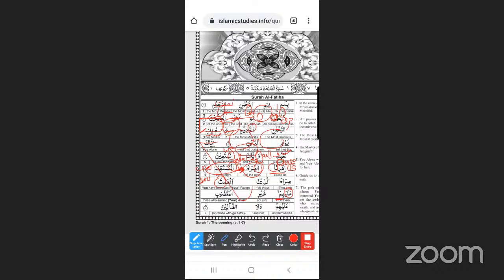Alay is also counted as a noun. Ghayr, not. Maghdubi, those who have earned your wrath. Alayhim, again, alay, harfijar, him, it's a majrur. Wala, and not. Wow over here is and. La means not. This is harf nafi. It's a harf la and it has negation. And not. Dallin means those who go astray.